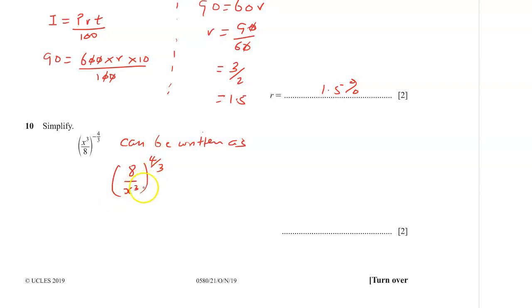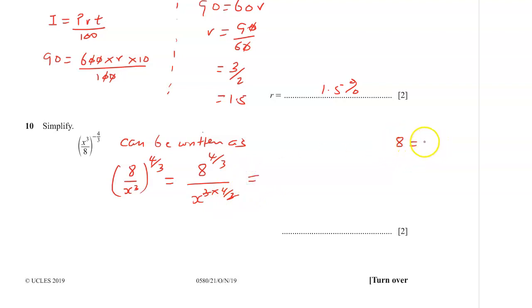Of course, you can open the brackets now and write 8 to the 4 upon 3 over x to the 3 times 4 over 3, and this will cancel.